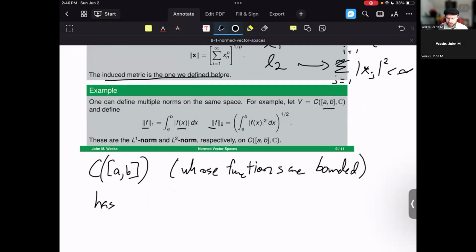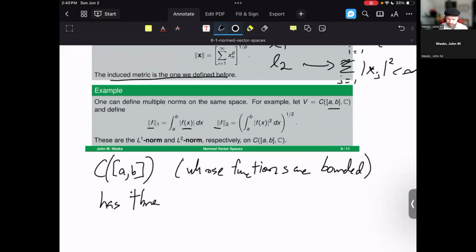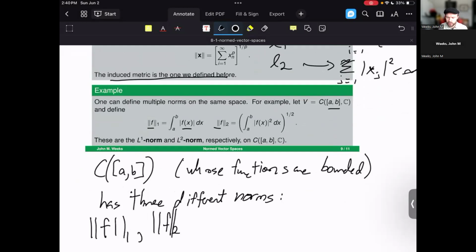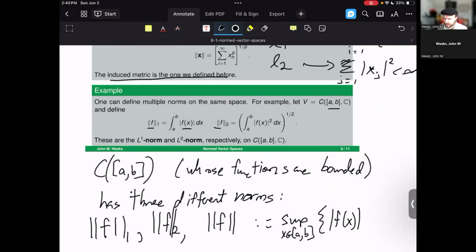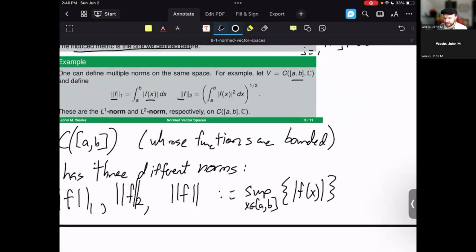This has 3 different norms. We could call them the 1-norm, which has the definition right up here. We have the 2-norm, and then we also have the norm that we defined near the very beginning of this, the supremum over all x inside of [a, b] of the absolute value of f of x.